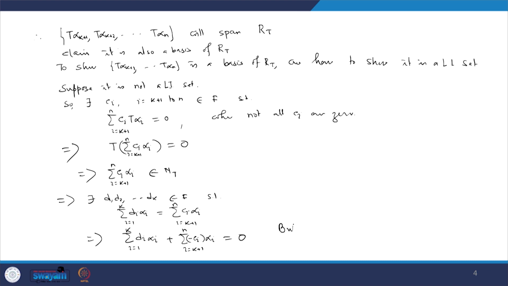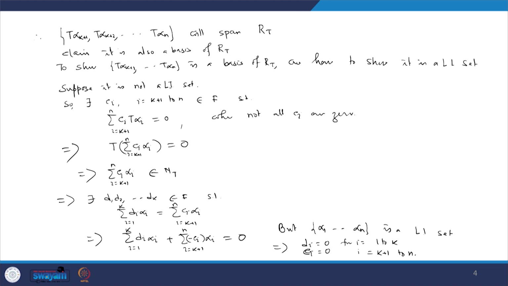But alpha 1 to alpha n is a linearly independent set. So, this implies that each d_i equal to 0 for i equal to 1 to k and c_i equal to 0 for i equal to k plus 1 to n.